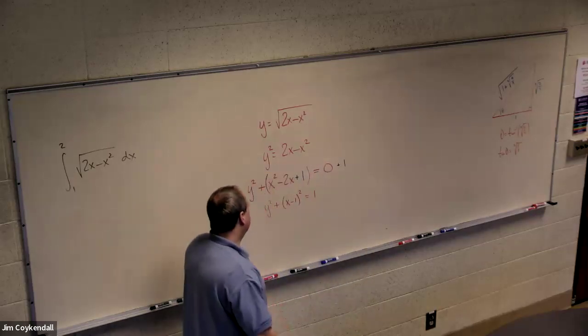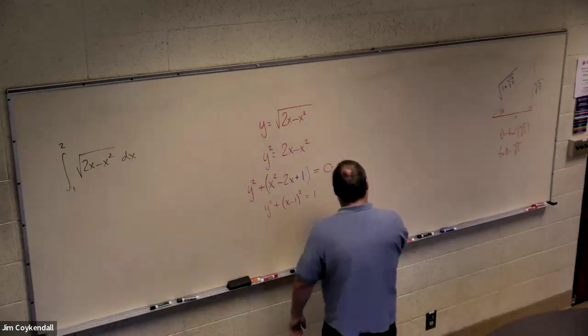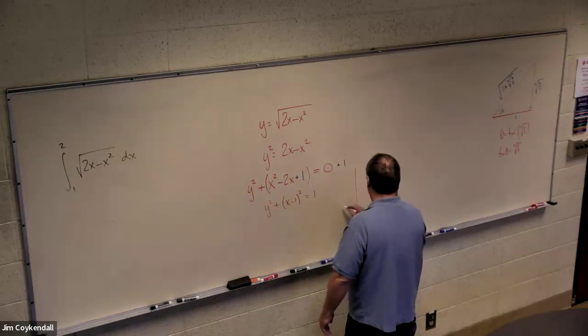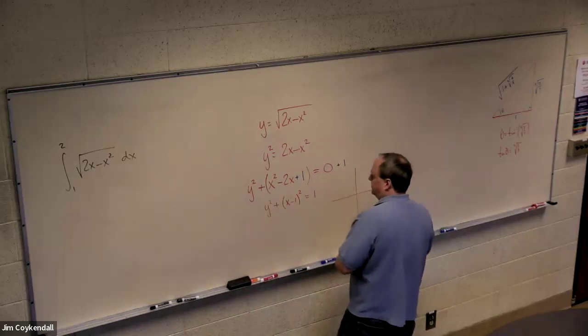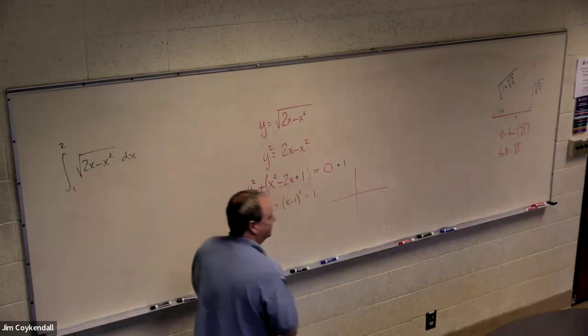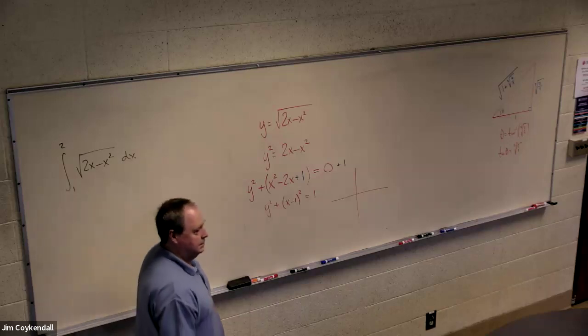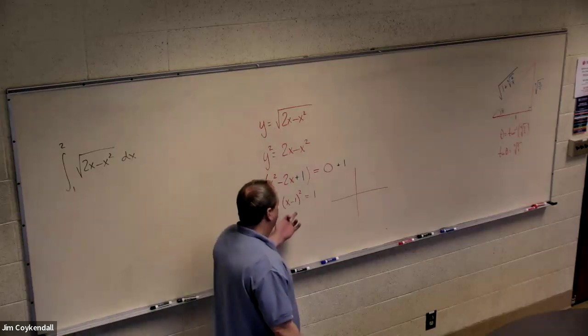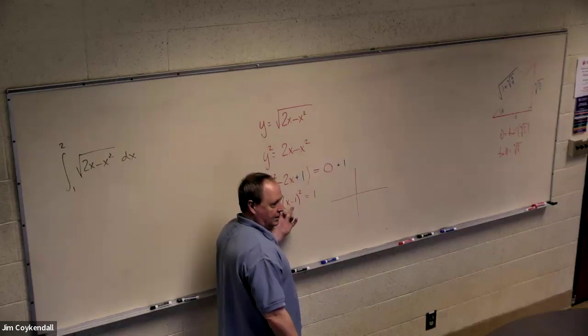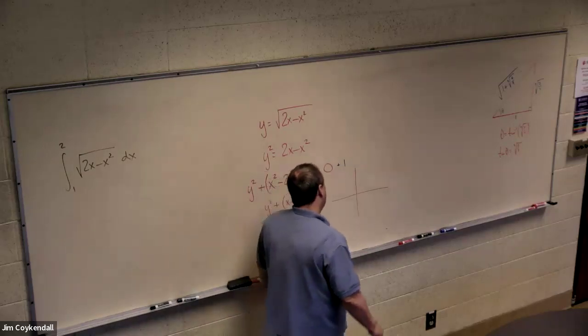Somebody describe to me what this curve looks like. It's a circle, radius one, centered at (1, 0).